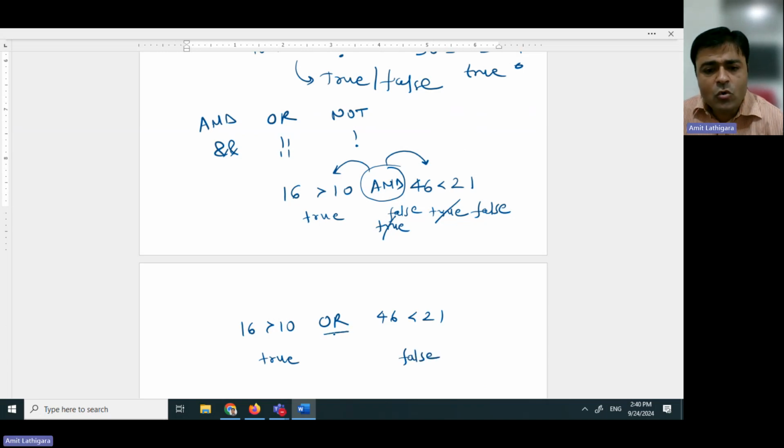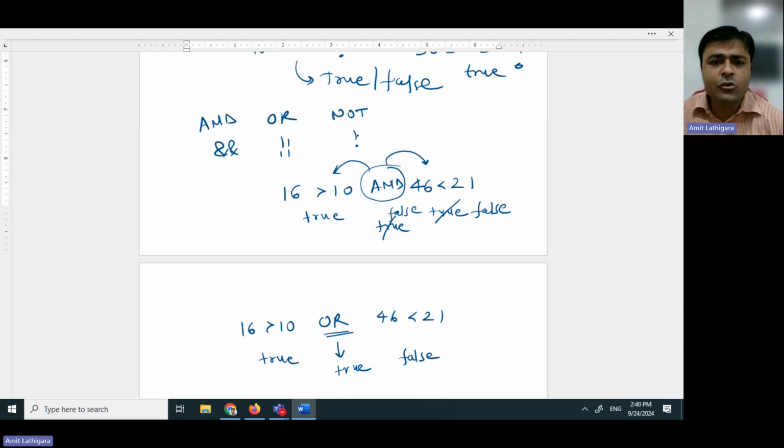But here I used OR. The meaning of logical OR is that if any of the operands results in true, then the overall result is true. If both operands are false, then and only then the result becomes false.